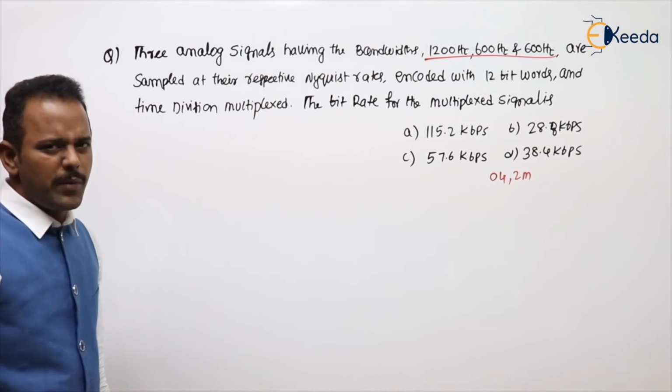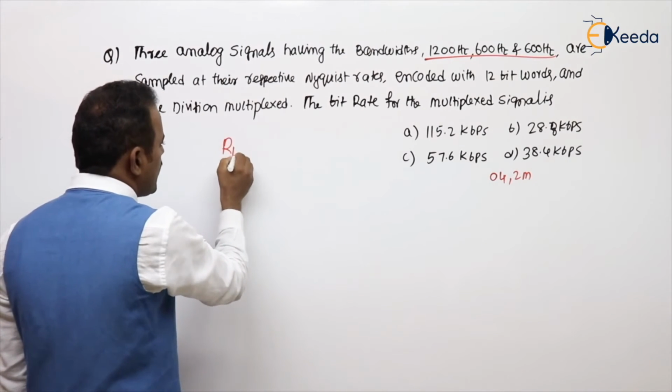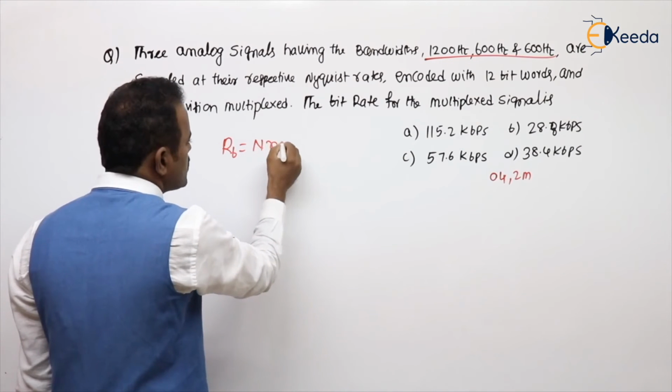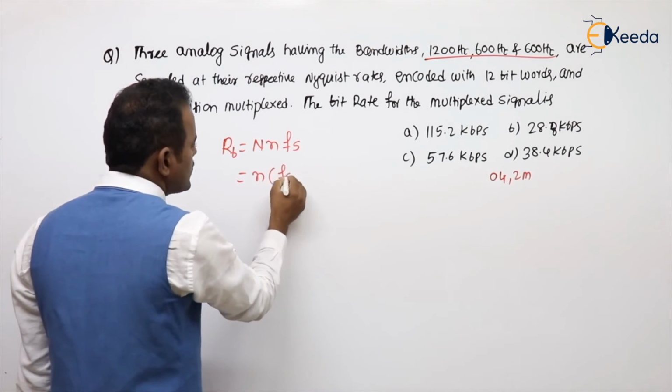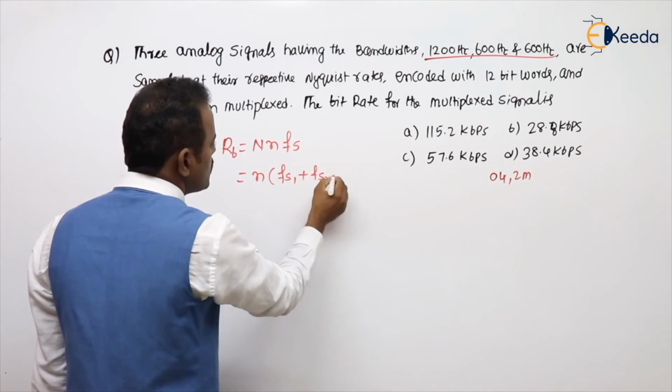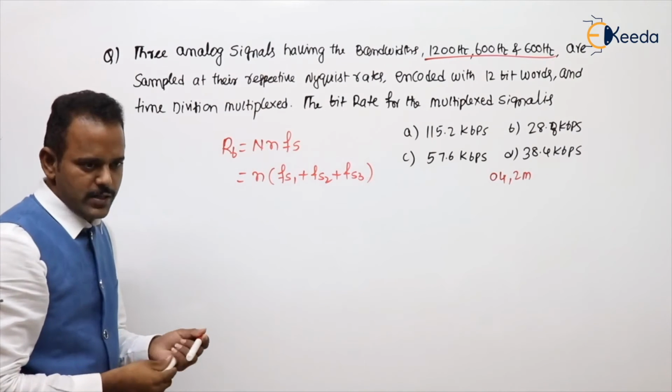It's a regular problem from TDM. What is the bit rate being asked? Bit rate Rb equals N into Fs, where N is the bits per word.